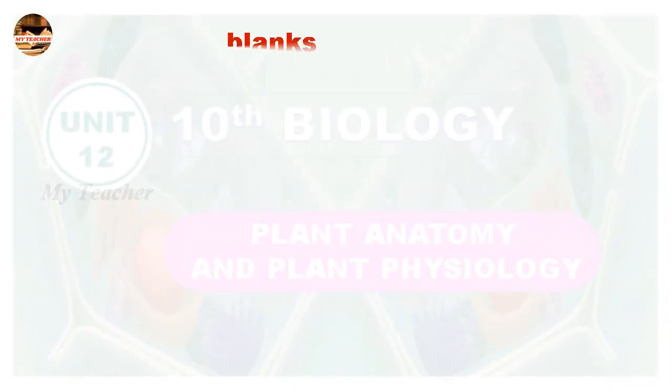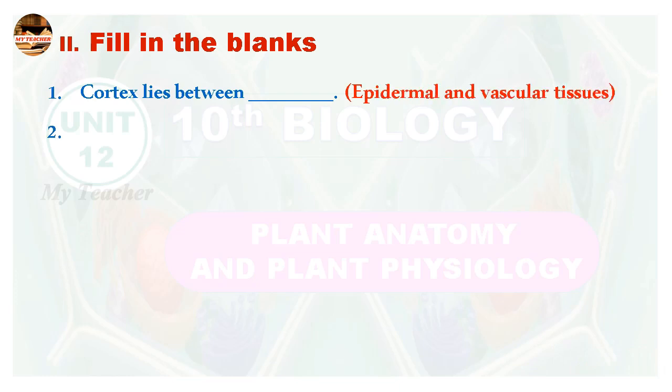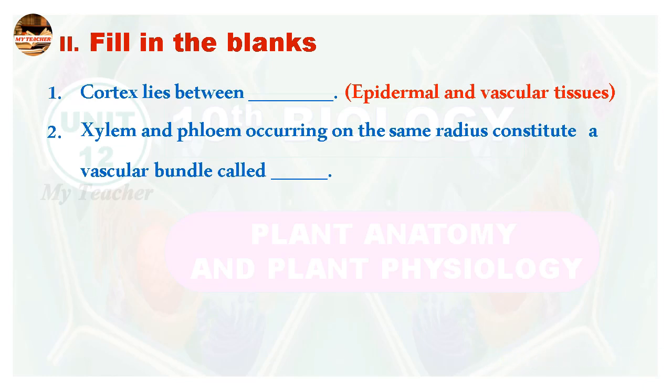Now see the fill in the blanks. First one, cortex lies between dash. Answer epidermal and vascular tissues. Second one, xylem and phloem occurring on the same radius constitute a vascular bundle called dash. Answer conjoint.